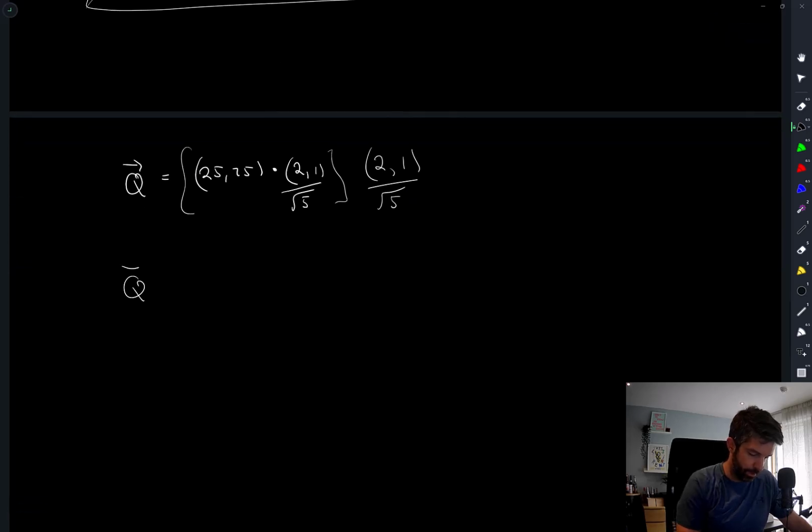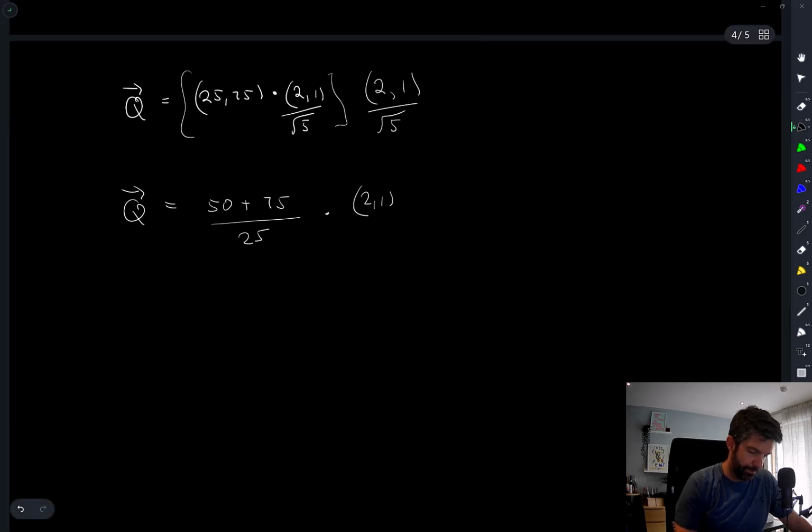Okay, so the point Q is 50 plus 75 over 25 in the direction of (2, 1). So that's 2 plus 3 in the direction of (2, 1).